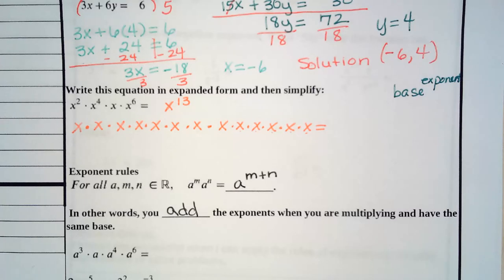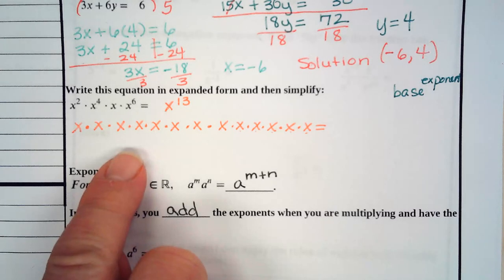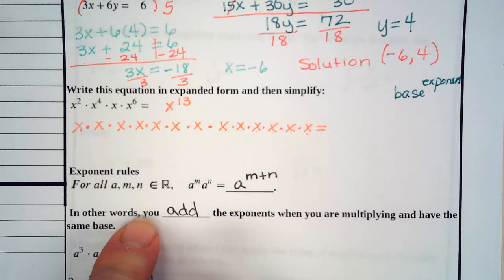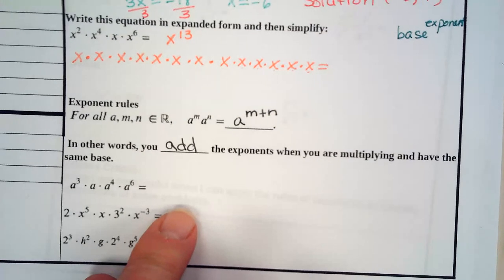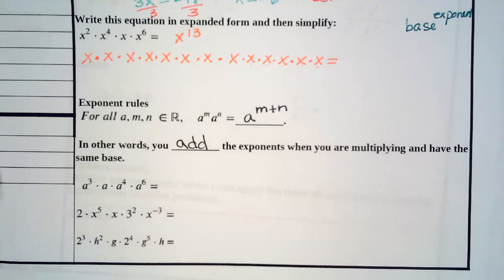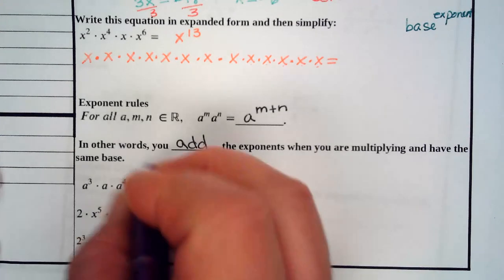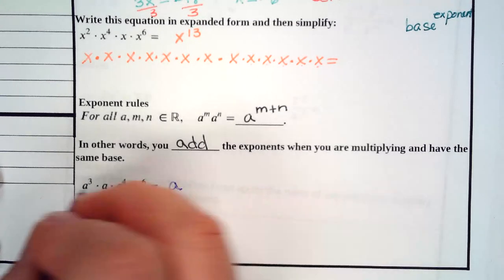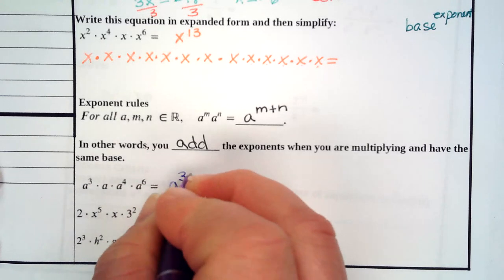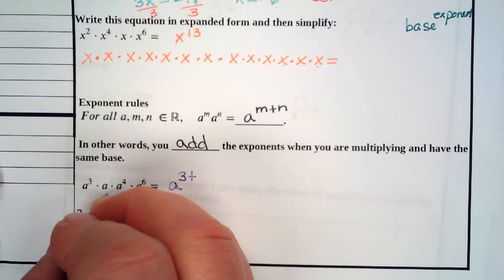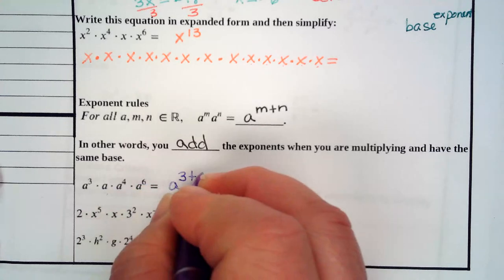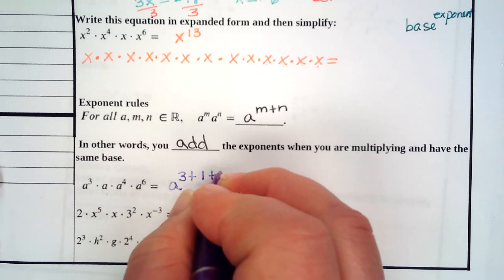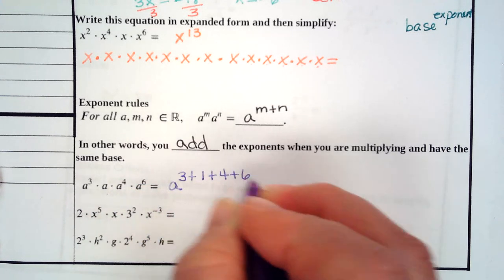So we're not going to expand anymore because we showed you what it looks like. We're going to use our rule. If I'm looking at the first one, a is my base, and I've got 3 plus, if it's not there, it's that imaginary 1, 3 plus 1 plus 4 plus 6.